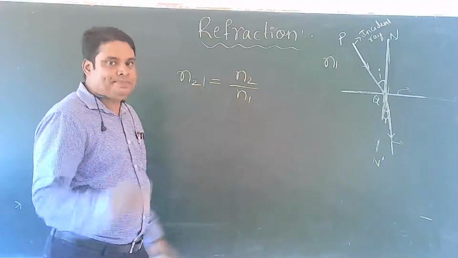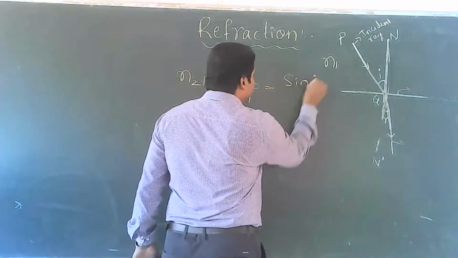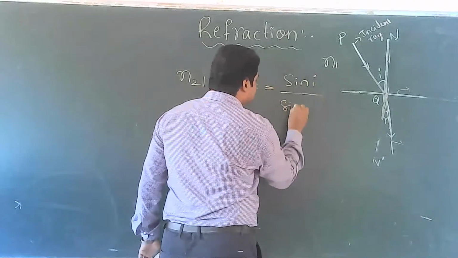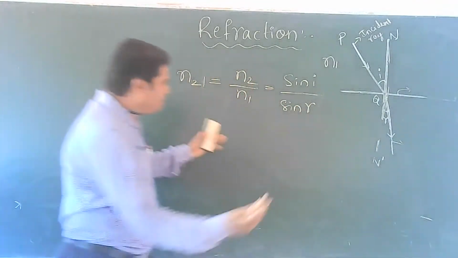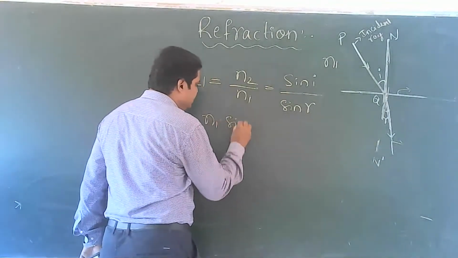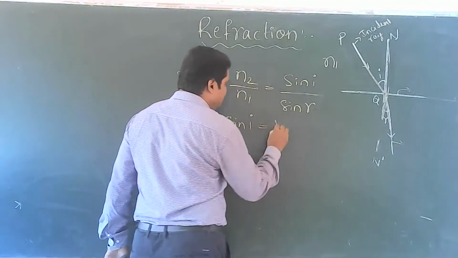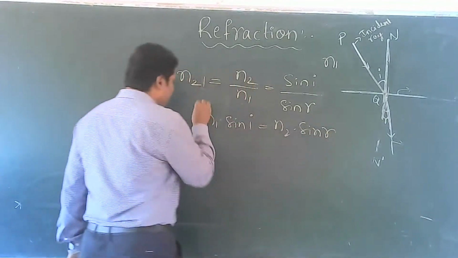We can express it like this, which is equal to, we know, sin i divided by sin r. Correct? Just cross multiply, what we get? We get N1 sin i is equal to N2 sin r.